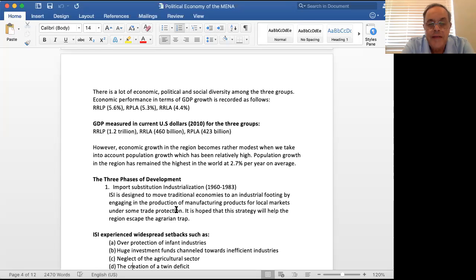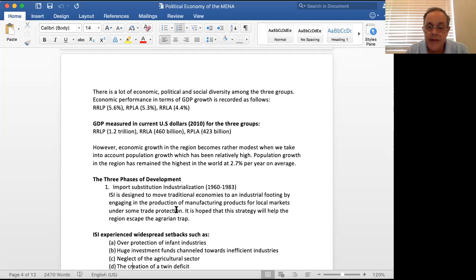You can see that the main purpose of the ISI is simply to move traditional economies to an industrial footing, like I said before, by simply engaging in the production of manufacturing products for local markets under some trade protection, because you have to have trade protection in order for the ISI strategy to succeed.